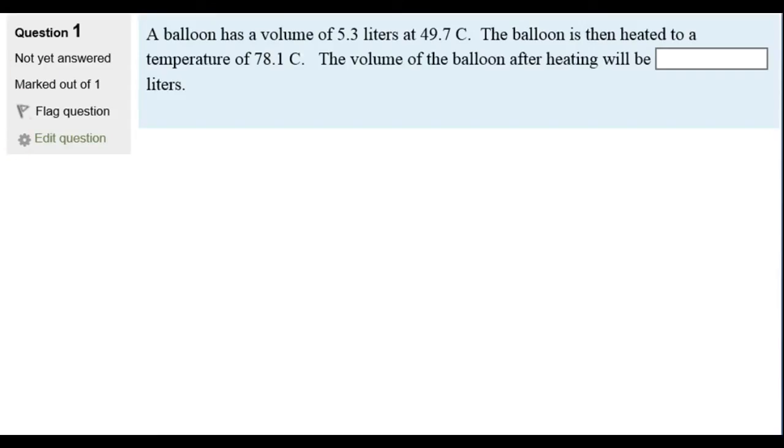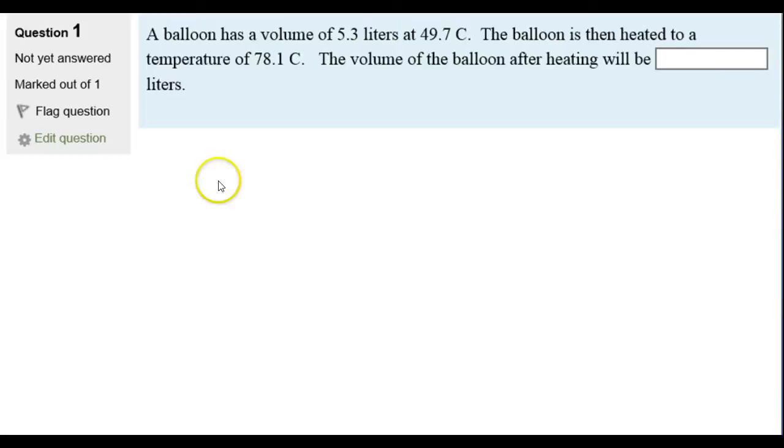In this first problem, it says a balloon has a volume of 5.3 liters at 49.7 degrees Celsius. The balloon is then heated to a temperature of 78.1 degrees Celsius. The volume of the balloon after heating will be blank liters. So in this problem we're dealing with both volume and temperature.